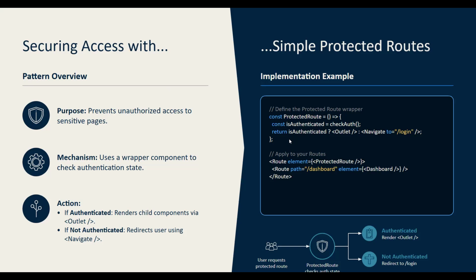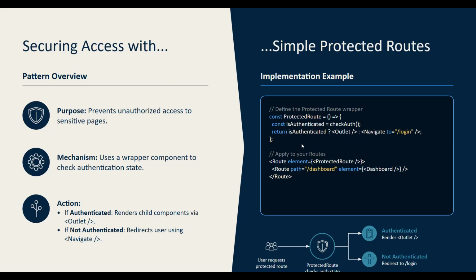If the user is authenticated, we render that protected content using Outlet. If not, then we just redirect them to another page, which would usually be the login page, using Navigate itself.